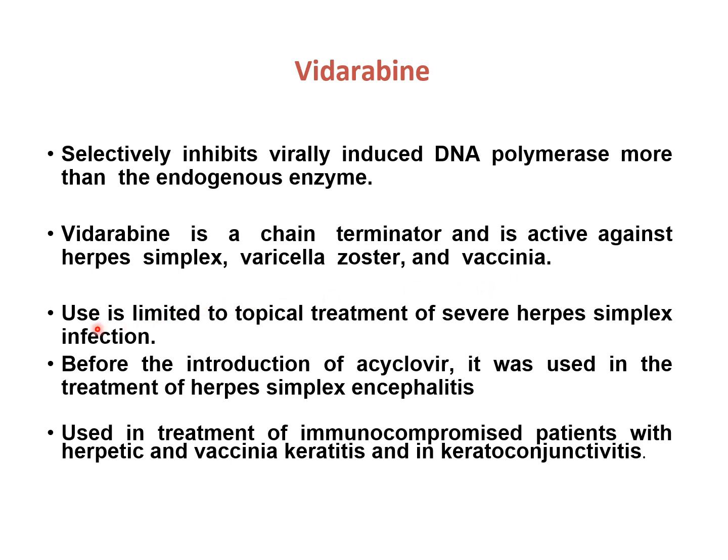It's limited to topical treatment in cases of severe herpes simplex infection. Before the start of the use of IV acyclovir, this drug was used in the treatment of herpes simplex encephalitis.